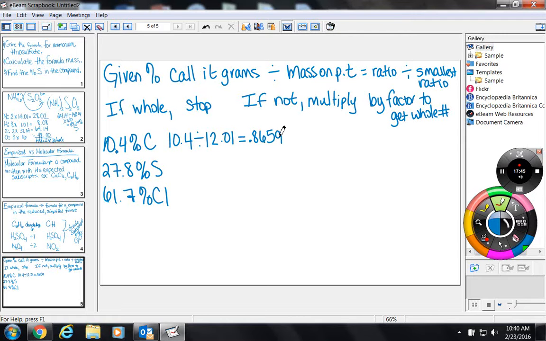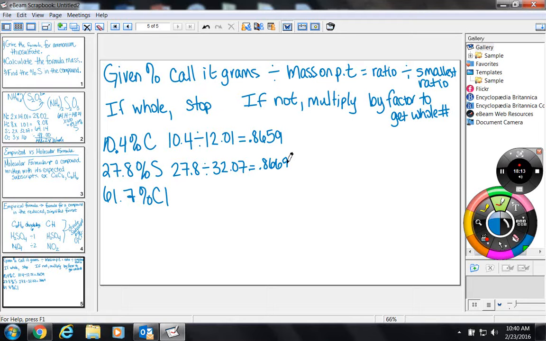Okay? Now I'm going to do sulfur. 27.8 divided by 32.07. I get 0.8669. Yes, ma'am. Has there ever been a time where the percentage is bigger than the mass?